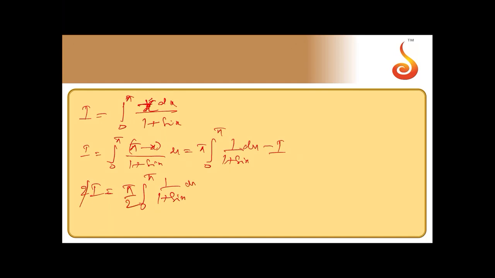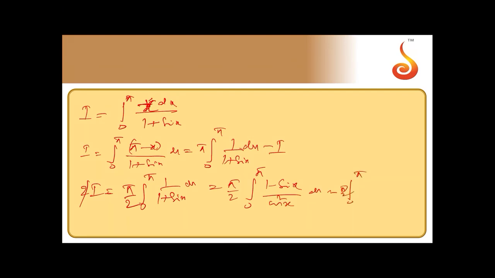And of course, this can be written as 0 to pi, 1 minus sin x. To simplify, integration 0 to pi, 1 minus sin x divided by cos square x dx. 1 by cos square is secant square x.